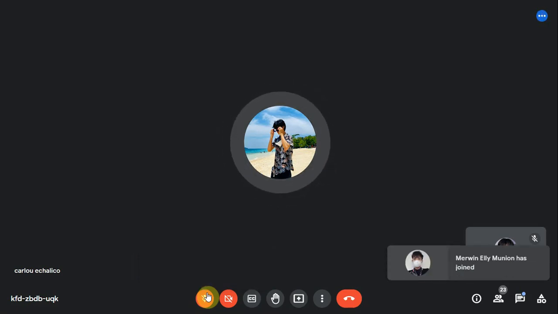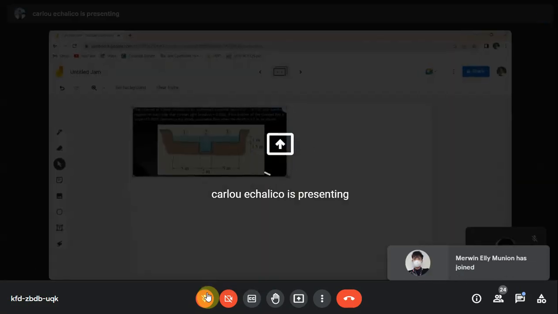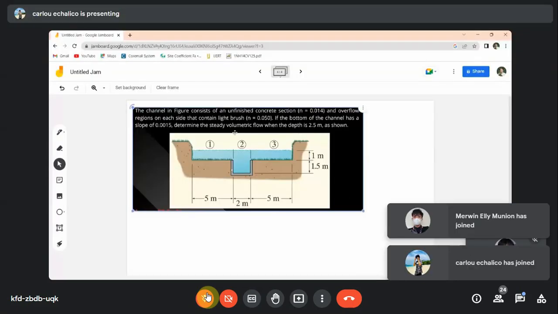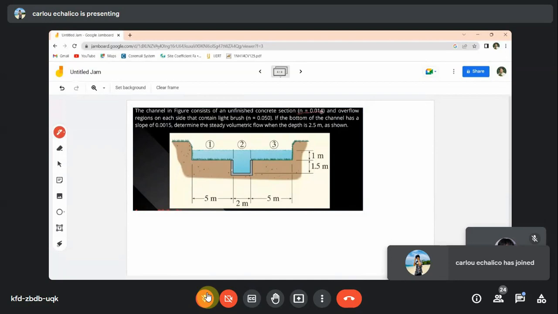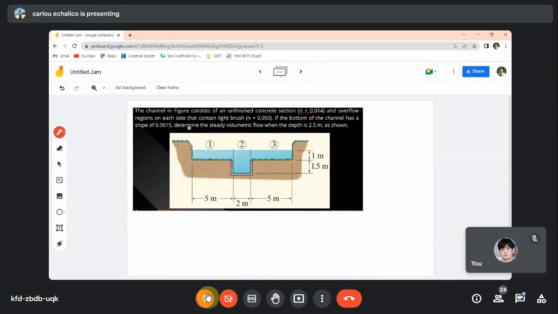Okay, next question. A channel, as in the figure, consists of an unfinished concrete section with n of 0.014 and an overflow region on each side that contains light brush with surface roughness of 0.050.